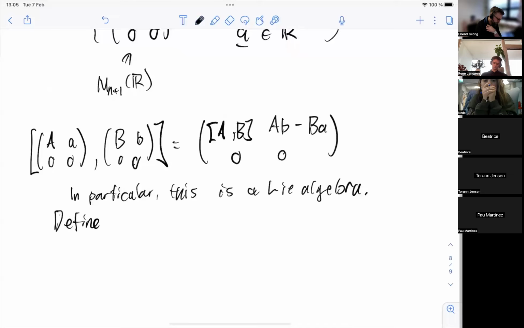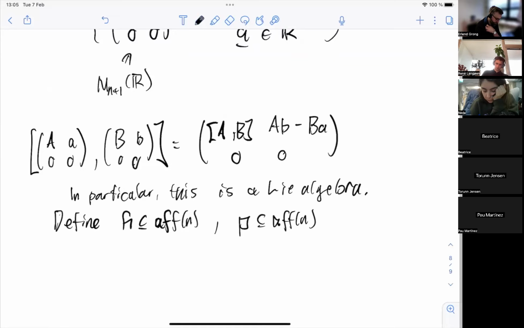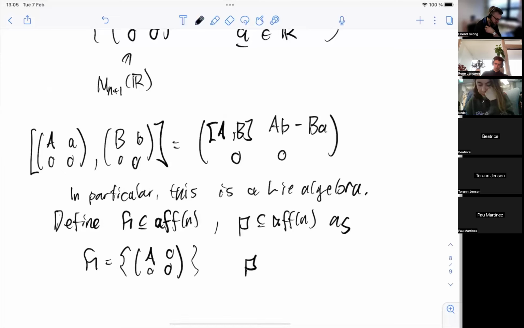Define H inside of F n and P inside of F n as follows. H is the collection of matrices which have just zeros for a, and P is the other type of matrices.